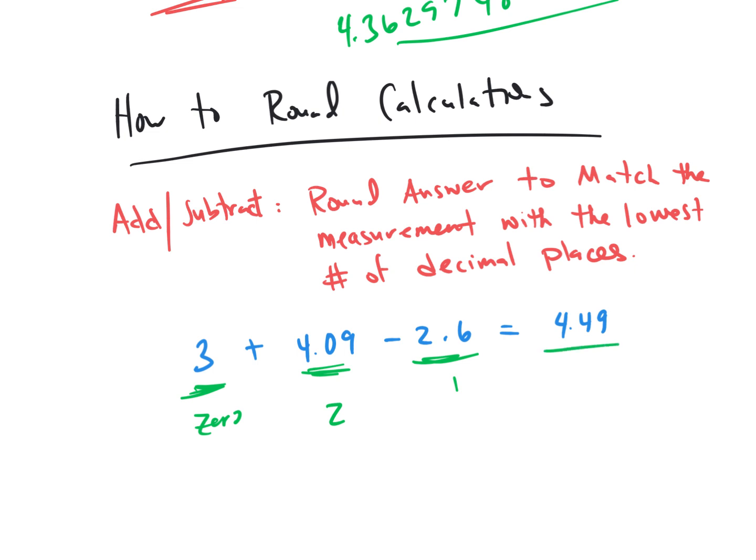So what do we round this to? 4. Almost 5, but not quite. If this was 4.5 or anything higher, then it would round up. You guys know that? Yeah. Okay? So we look at 0 decimal places, and we look at the next one.